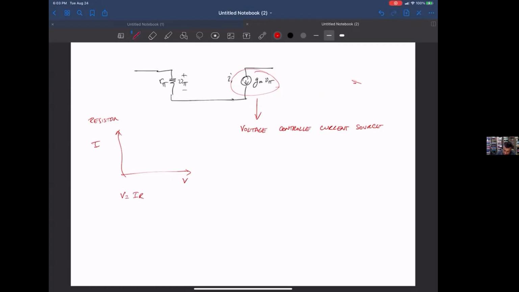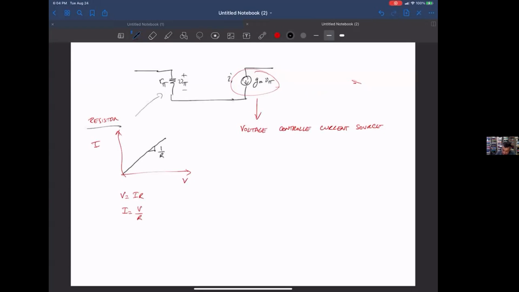So I is equal to V over R. Okay, so basically we're going to have a line here, and the slope of this line is 1 over R. That's the definition of a resistor. Everybody good with that? It's a real basic concept.